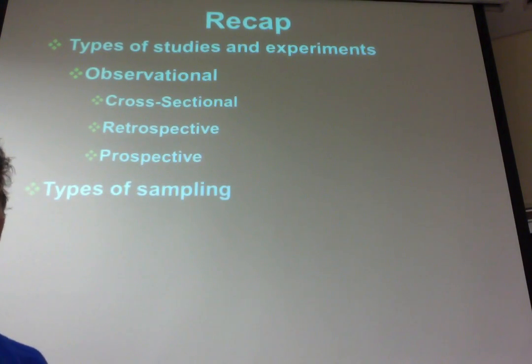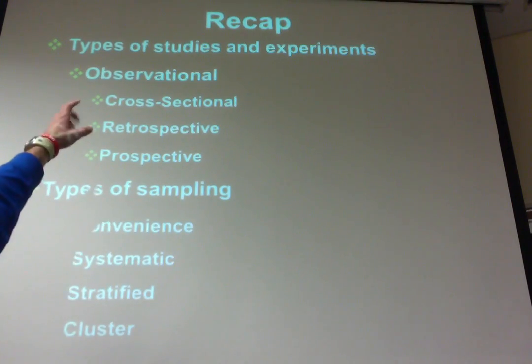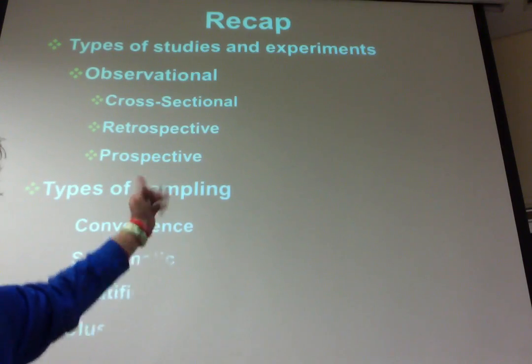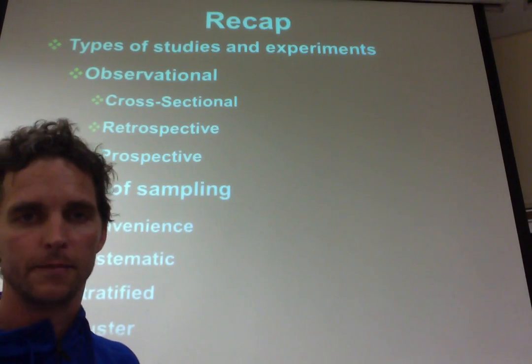And then we have types of sampling. We have convenience, systematic, stratified, and cluster. Now, looking up here at these types of studies, I left off the experiment up here, so I need to add that for next time. Obviously, we covered observational and experiment, and those are the types of studies we could have.